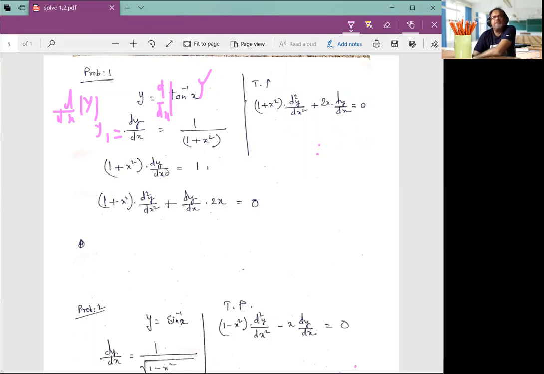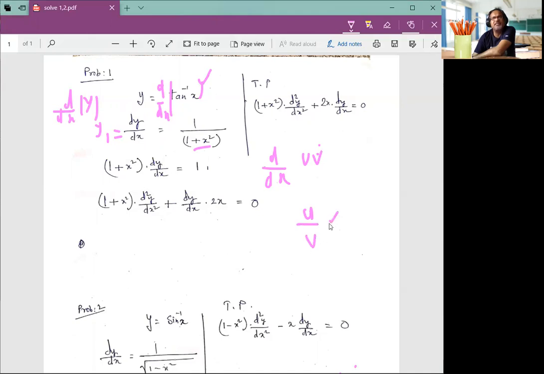Now a very important thing. In the second derivative problem, always you will find that there is some u by v function. Here it is 1 by 1 plus x square. 1 plus x square is the v part, u by v. This is the first derivative. Now, as you know, it is easier to differentiate a product function than to differentiate u by v.